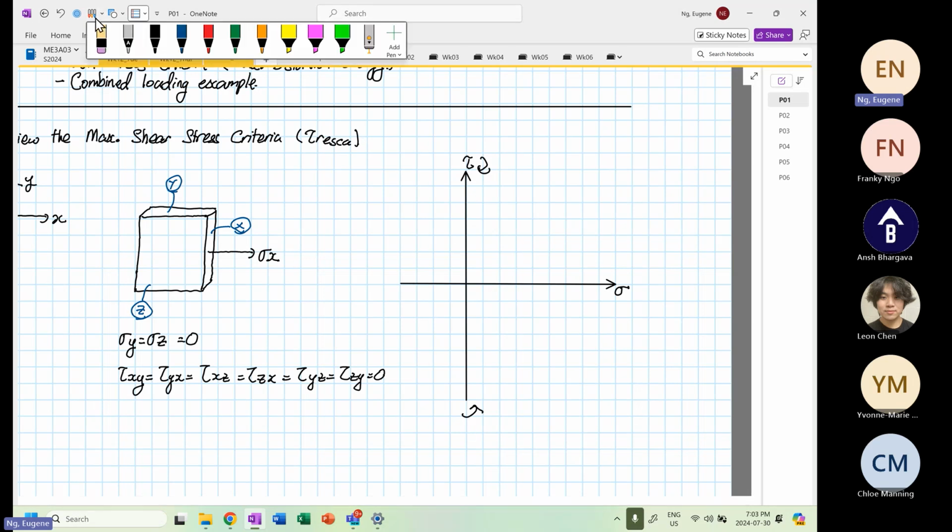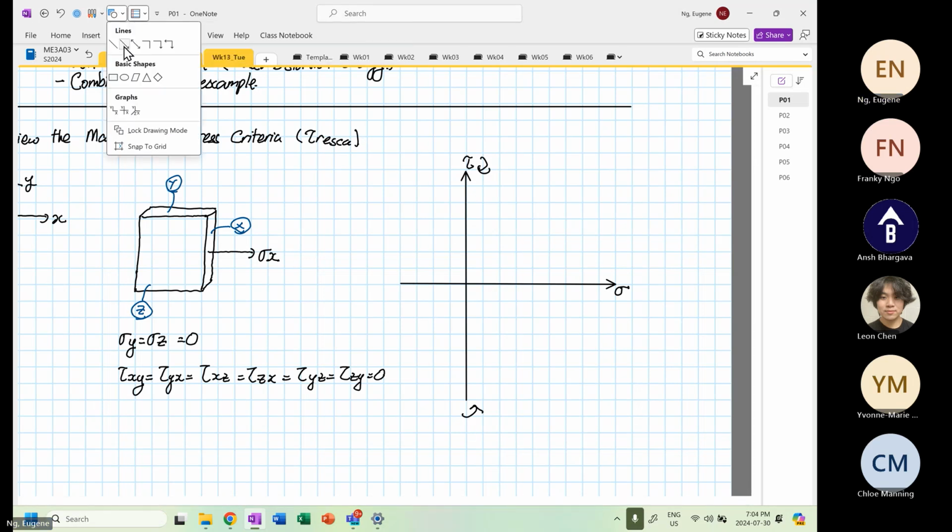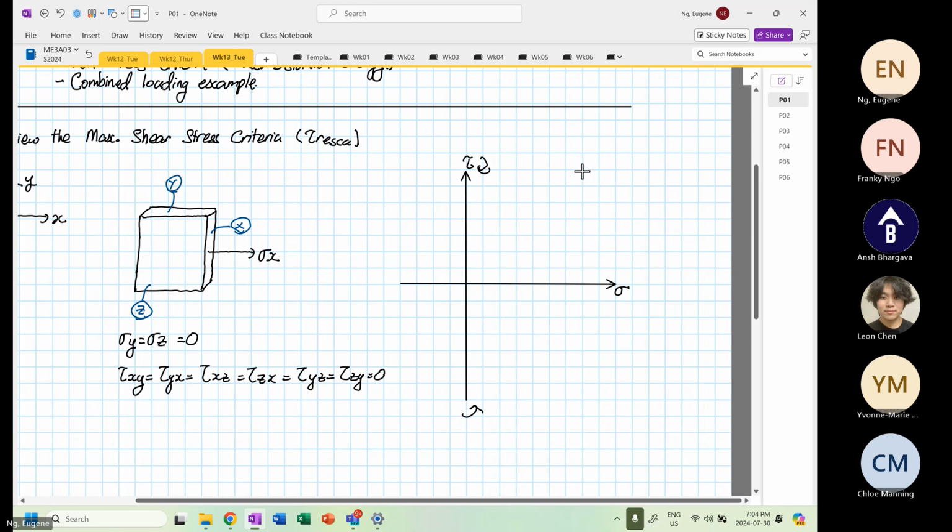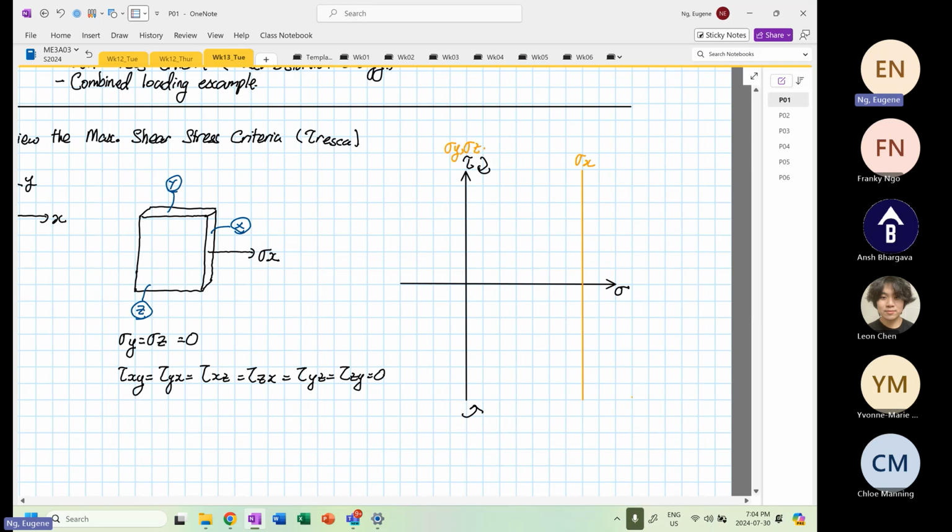And then we have our normal stress Z, normal stress X over here, line. This is our normal stress Y, and normal stress Z is equal to 0. So we know that over here, this is our point X, and our point Y and point Z are at the same point. And then we can draw a circle.